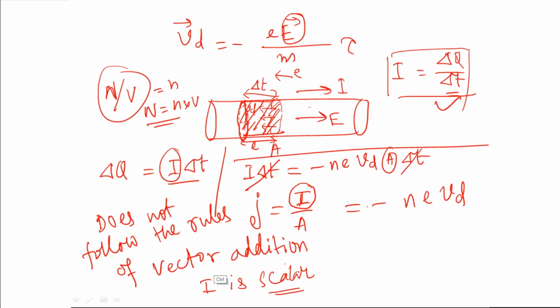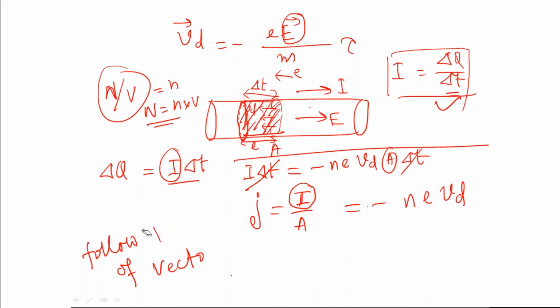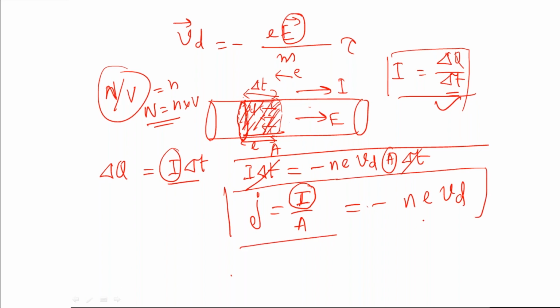But look, when I write that current density is a vector quantity, you might be thinking, how is it possible? Look at the expression I have written here. This is the current density expression. On the right hand side, this is the drift velocity. Velocity is a vector, and you have already learned that if in an equation one side is a vector, the other side must be a vector quantity.